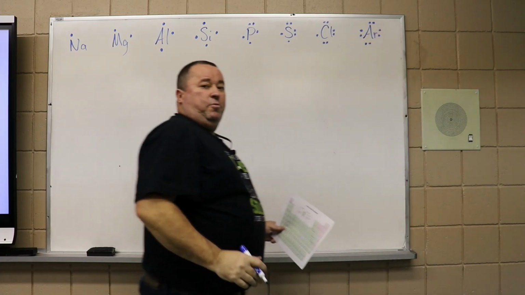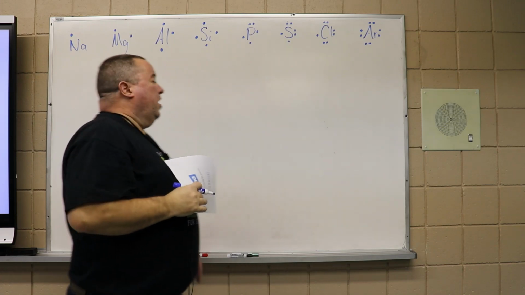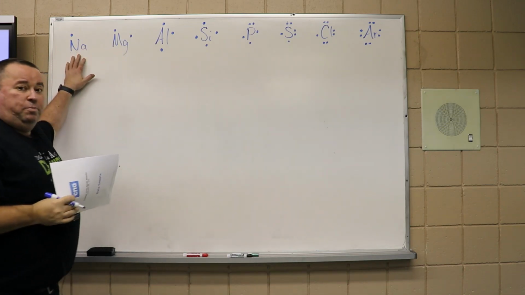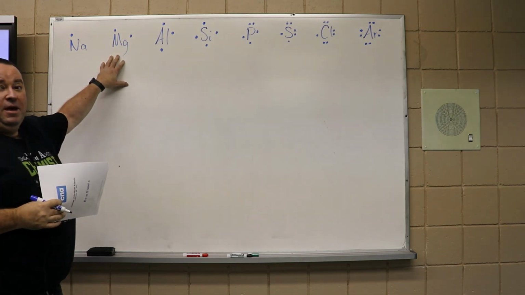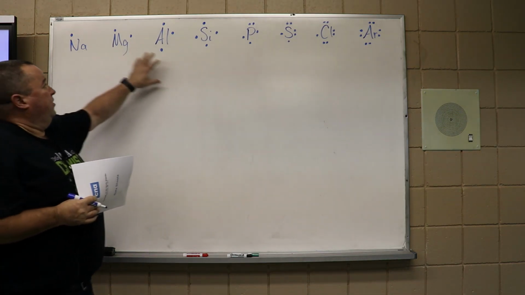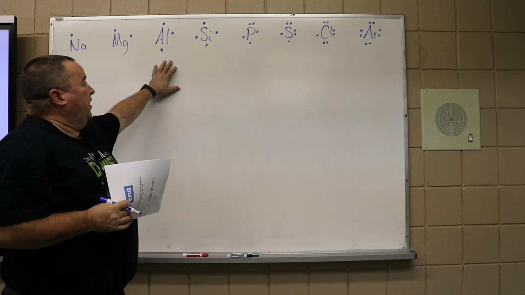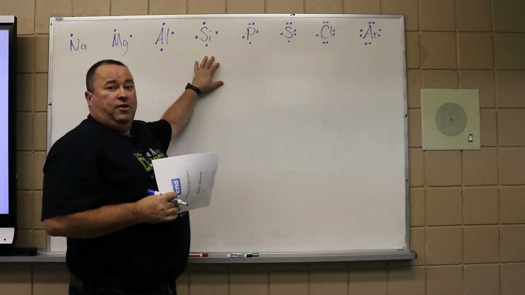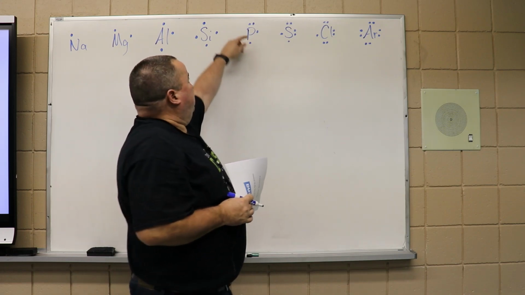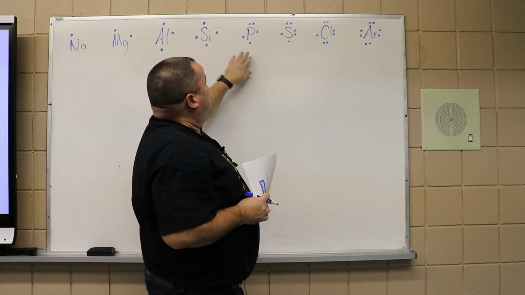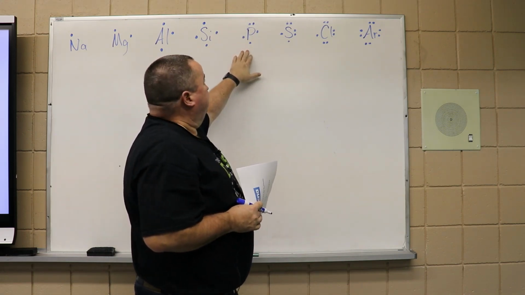Now let's describe what we've just drawn here. Sodium would be described as having 1 bonding electron. Magnesium has 2 bonding electrons. Aluminum has 3 bonding electrons. Silicon has 4 bonding electrons. When we get to phosphorus, we see our first lone pair and 3 bonding electrons.